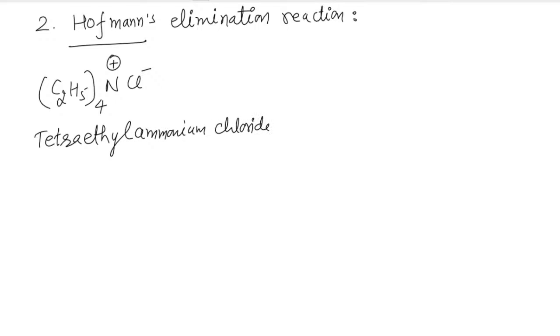Now tetraethyl ammonium chloride, when it is treated with silver hydroxide, AgCl is removed and we get tetraethyl ammonium hydroxide.